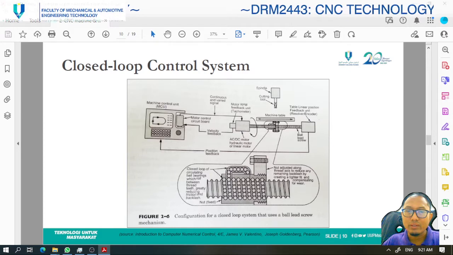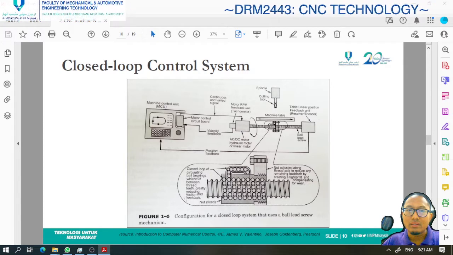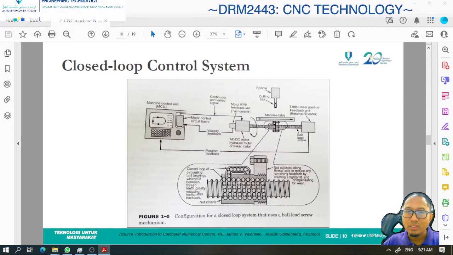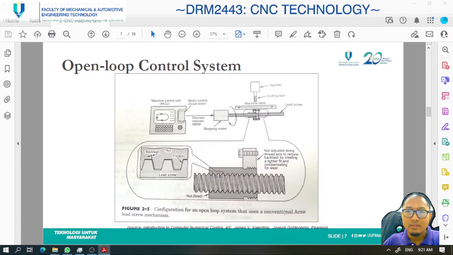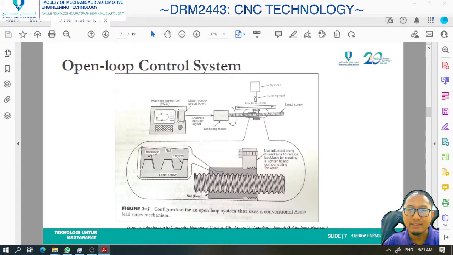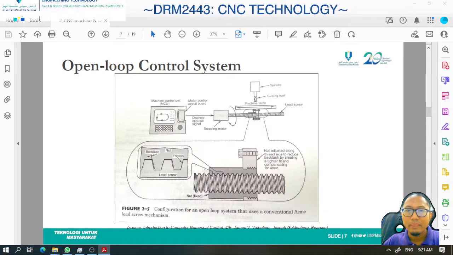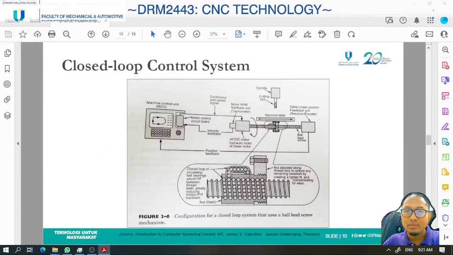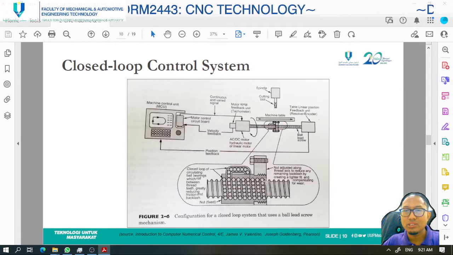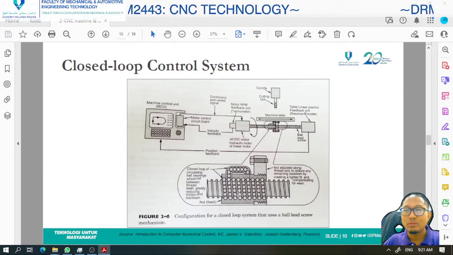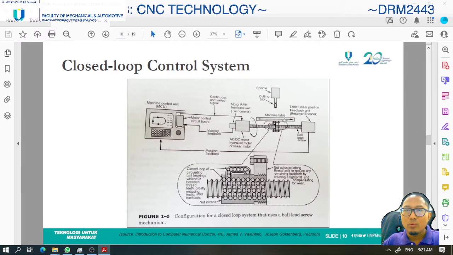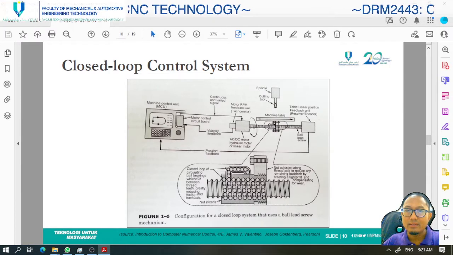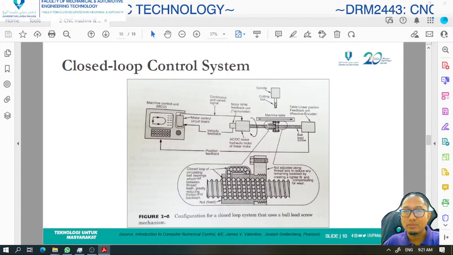These are going to reduce the friction and backlash, which usually occur in the conventional Archimedes lead screw mechanism. So by using ball bearings, it will reduce the friction and backlash, and this results in better accuracy.